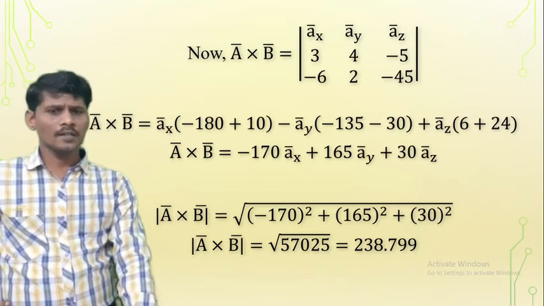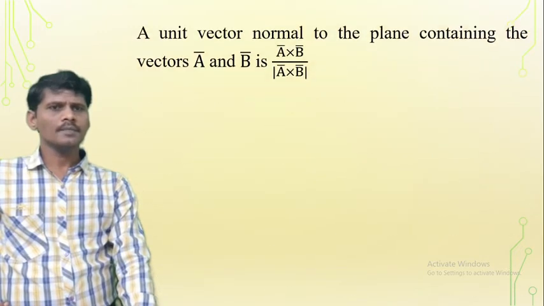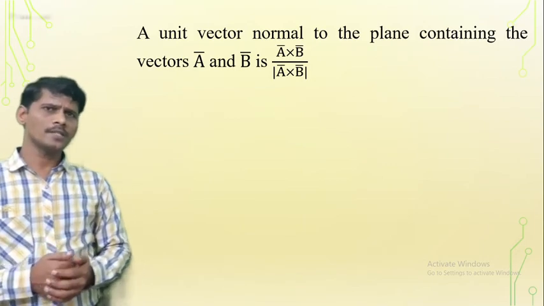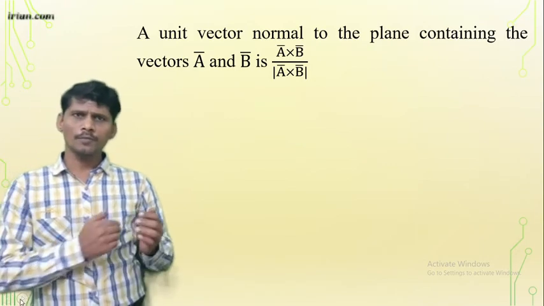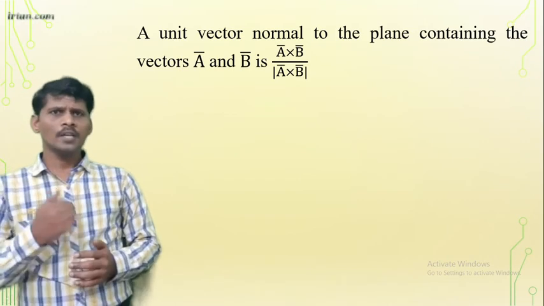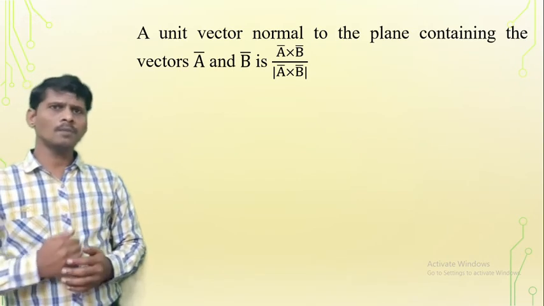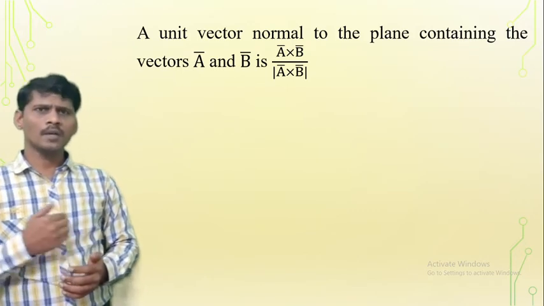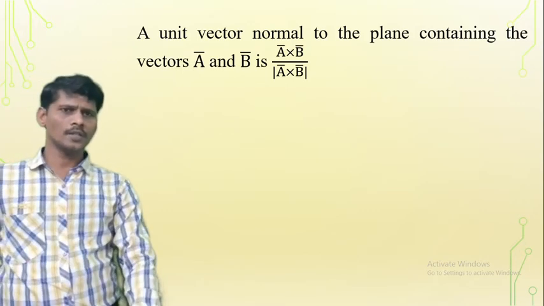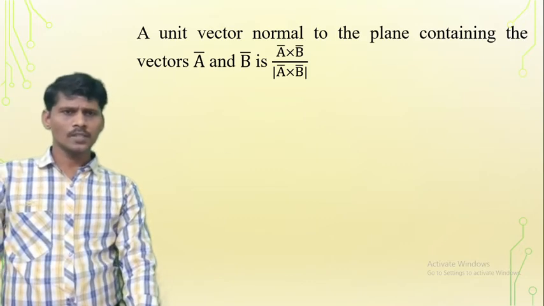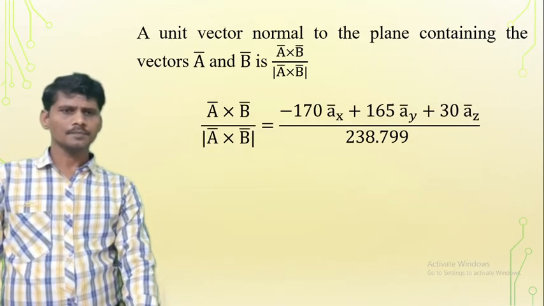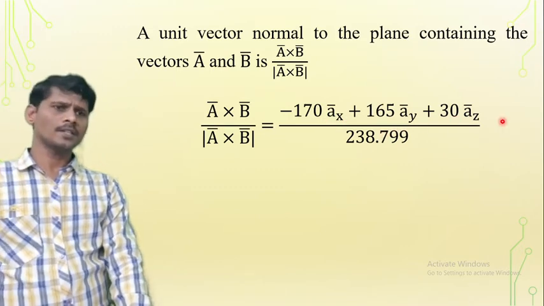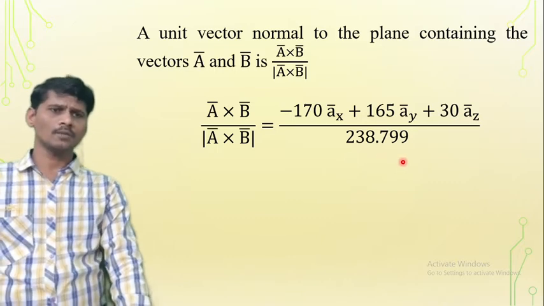So next, calculate the unit vector normal to the plane containing the vectors A bar and B bar, which is A bar cross B bar by magnitude of A bar cross B bar. Already A bar cross B bar and its magnitude are calculated, so substitute these values here. We get minus 170 a_x bar plus 165 a_y bar plus 30 a_z bar by 238.799.